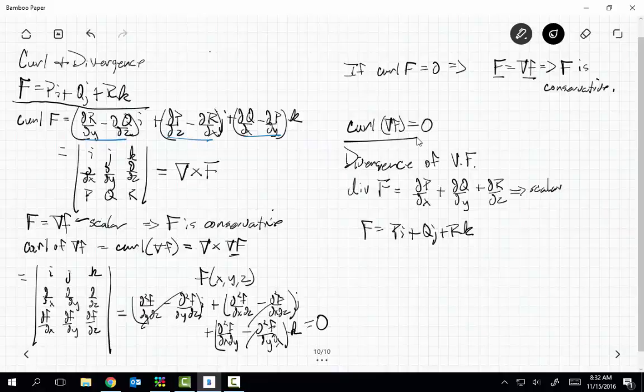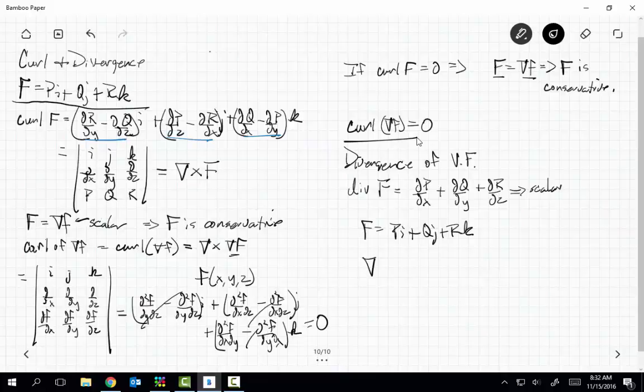We've dealt with partials before in this context. We've done it with gradients, right? We started with a scalar field and it spat out a vector field. But what we're doing is taking the gradient operator, just the partial operator, and instead of crossing it or doing it on a scalar field, right?